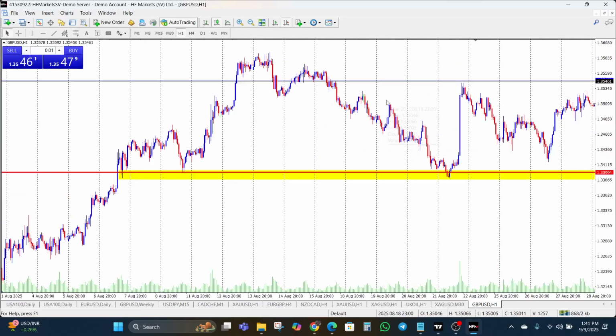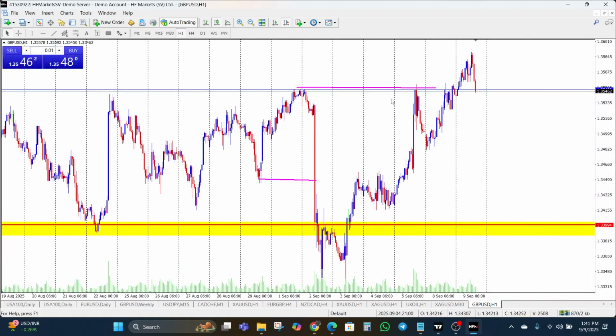Volume, wicks, and price rejection patterns give additional confirmation. If a candle pierces a swing high but closes back inside, that's a classic fake out signal. Waiting for the close before entering ensures that you are trading the real move and not the trick.